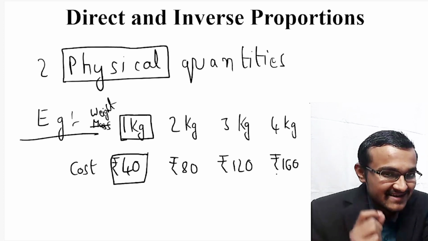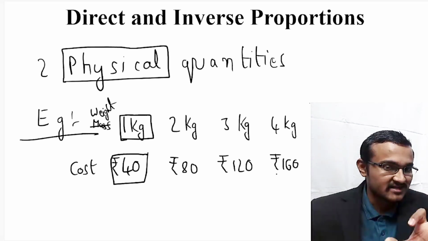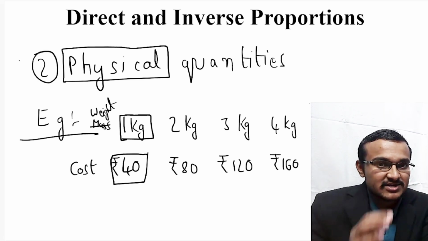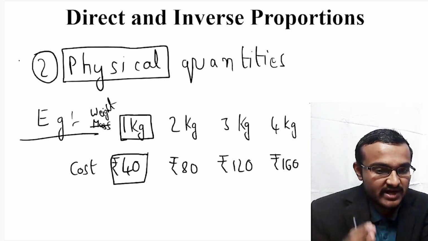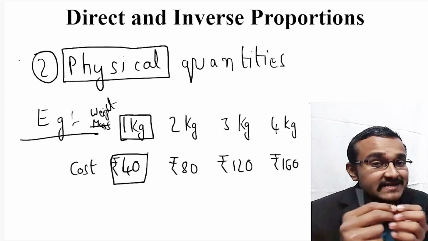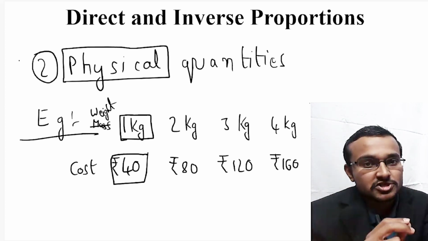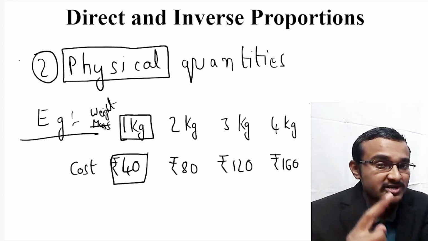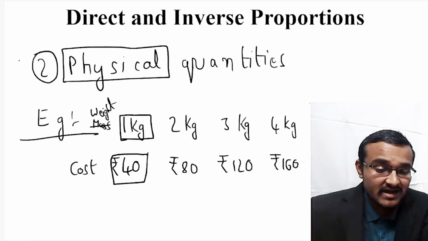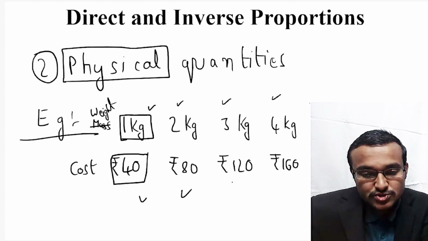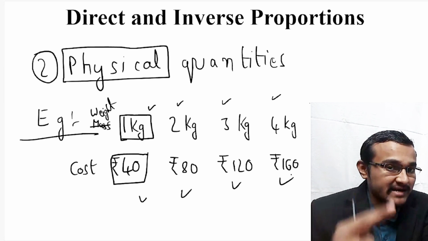Here you can clearly see weight is one particular physical quantity. I have mentioned here the relation between two physical quantities should be directly related to each other. Now here the two physical quantities which I have taken as example are weight and cost. Weight of the sugar and cost of the sugar are the two particular physical quantities which I have chosen. And here you can clearly see, as one physical quantity is going on increasing, the other physical quantity is also going on increasing respectively.